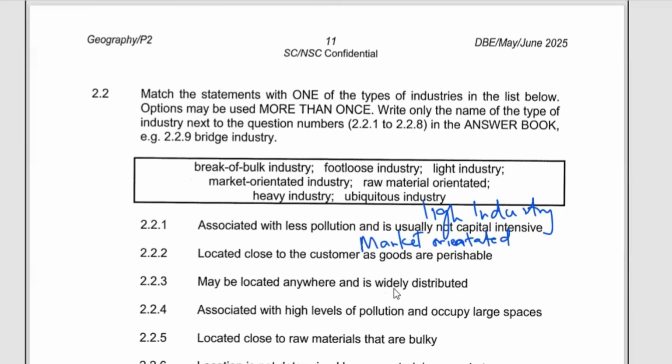Then may be located anywhere and is widely distributed. This is ubiquitous. Then associated with high levels of pollution and occupy large spaces, that is a heavy industry.